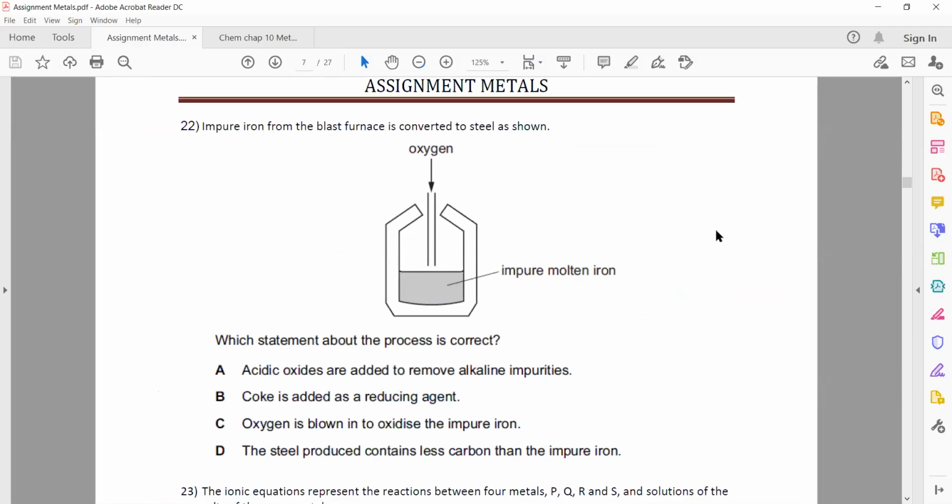Question 22. Look, impure iron from the blast furnace, oxidized means addition of oxygen.